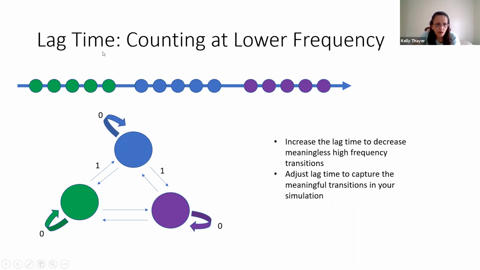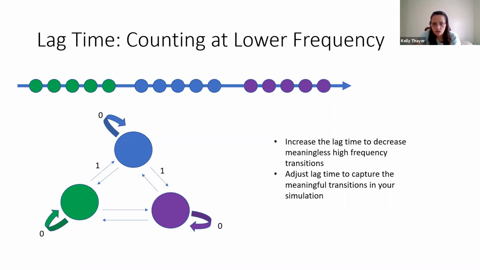Now we would have a green to blue transition. I would only get a count of 1, and all of those not very important transitions within green would be skipped. Then on the same time scale here, we'll get a transition between the blue and the purple. This gives us a more meaningful picture of what's happening.